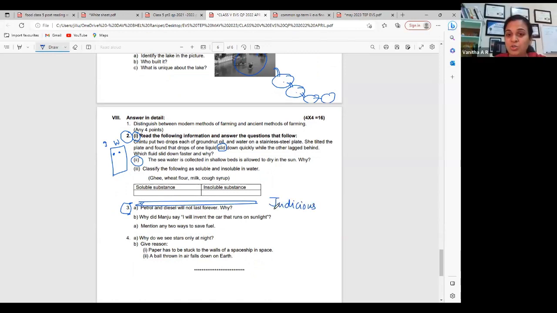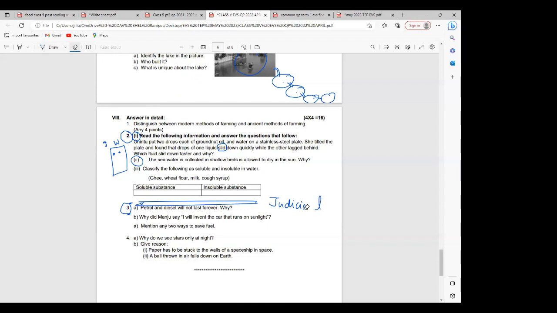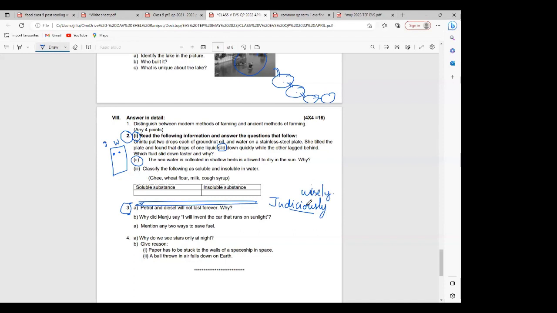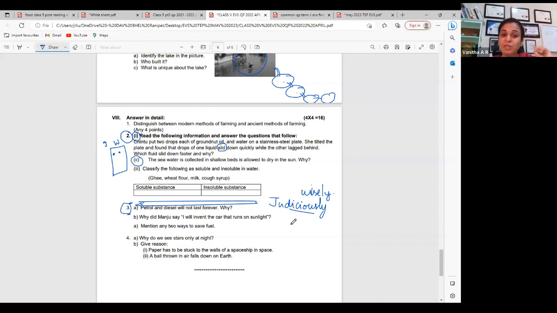But what is judiciously? Wisely, of course, but how many children know that? Petrol and diesel should be used judiciously. Why? This year in the class 5 term exam, this question was asked.